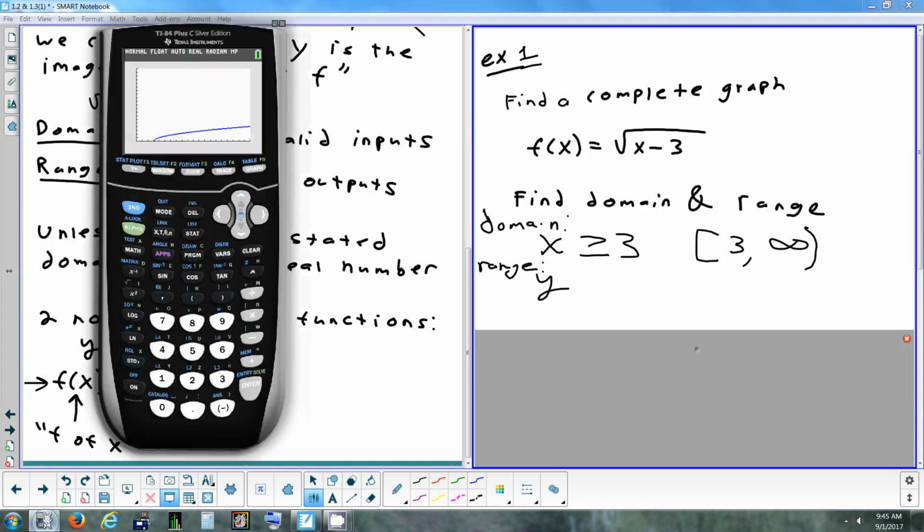Now my range. What's the lowest y value that I ever get in that picture? Yeah? 0. 0? And how high is it going to go? It's going to keep going infinitely high, very slowly, but it's still going to keep going up and up and up and up on the y-axis.